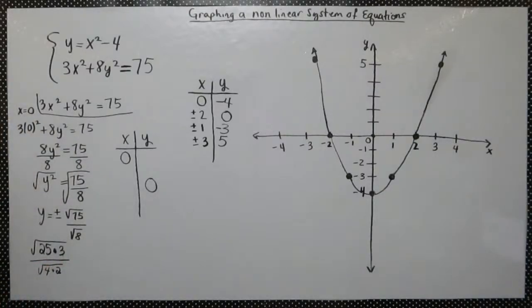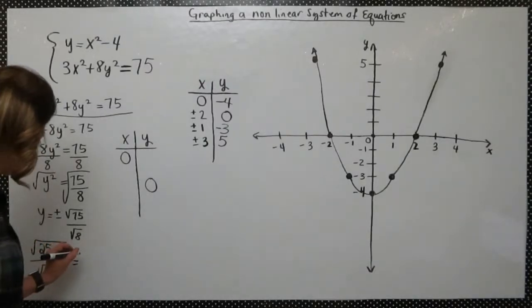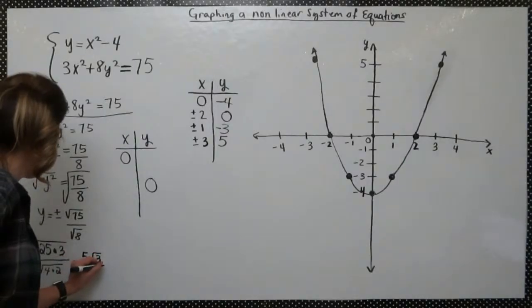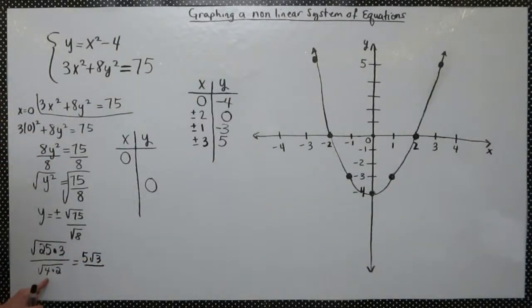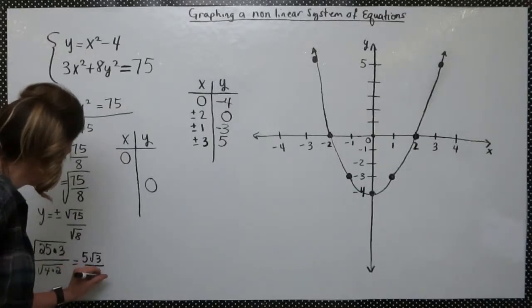So what you would do is pull out the perfect squares from that. So that's 5, and then you have radical 3 left over. And pull out the perfect square root of 4. That's 2 radical 2.